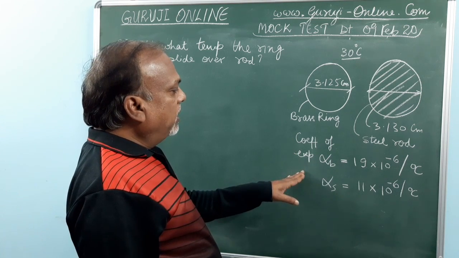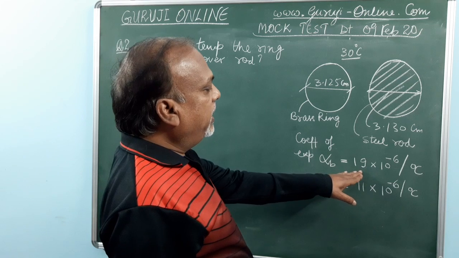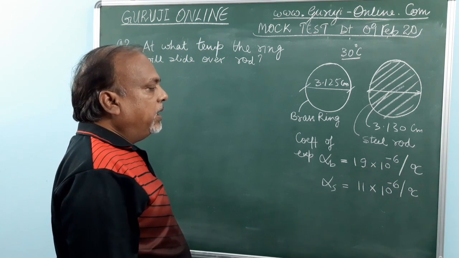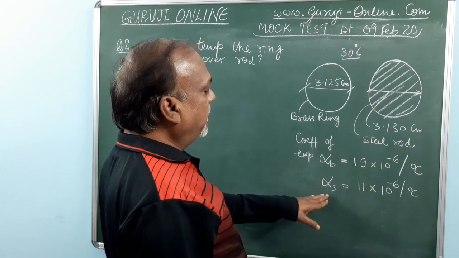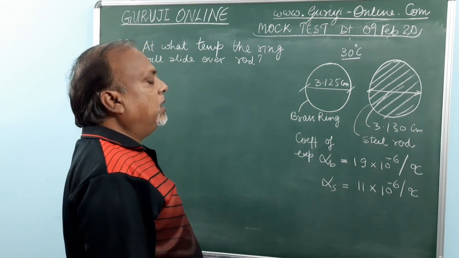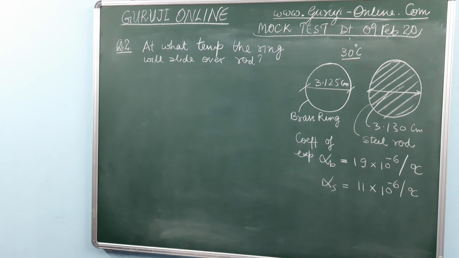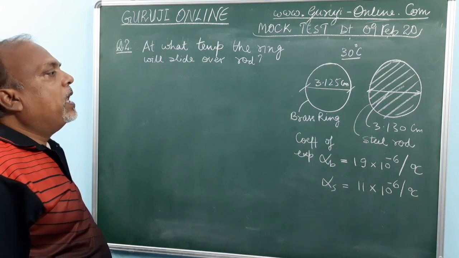We are also given the coefficient of expansion of brass as 19 into 10 raised to minus 6 per degree centigrade, and the coefficient of expansion for steel as 11 into 10 raised to minus 6 per degree centigrade. So, we have to find at what temperature the ring will slide over the rod.